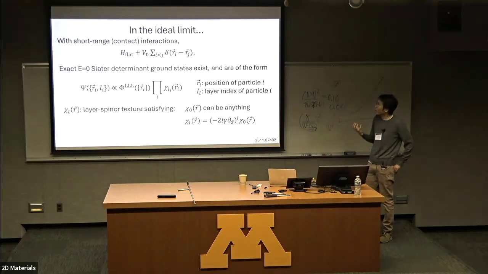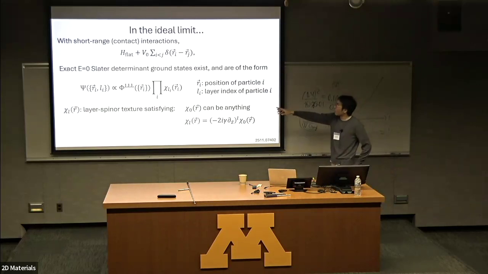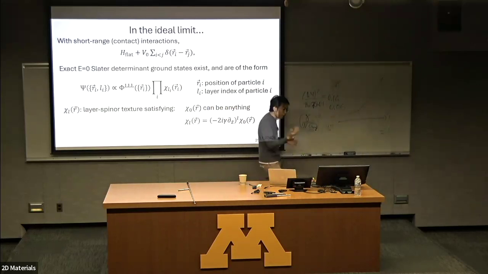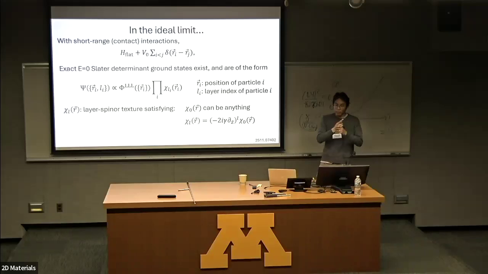L here is the layer index of particle I, and this is basically a layer spinor field. So all particles have the same factor. And what that tells you is that every electron in the system is always aligned with some local layer spinor texture given by this chi. And in order for this thing to be an exact zero energy ground state, chi has to satisfy the following rules.